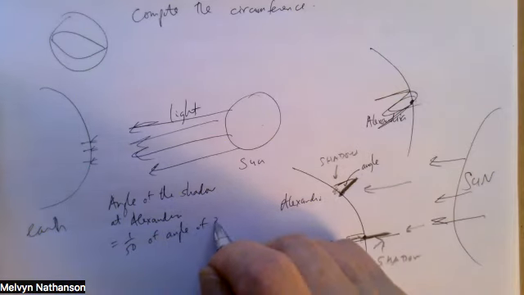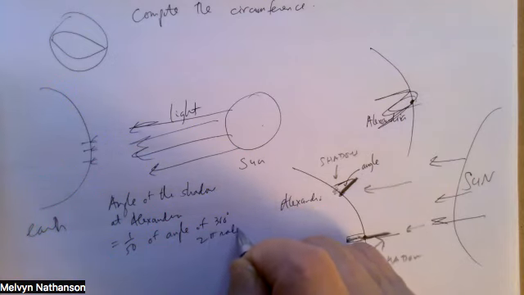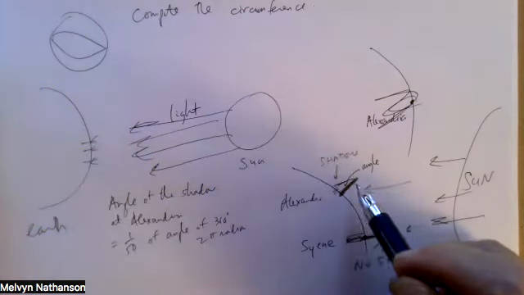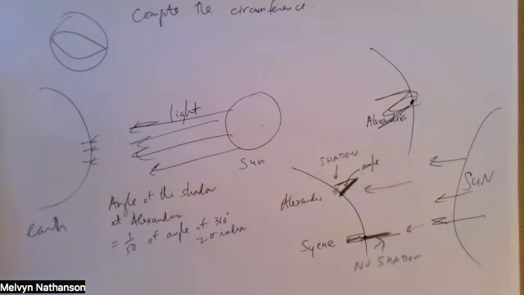Let's just say an angle of 360 degrees, or 2 pi radians. This angle was like 360 over 50 in degrees, or 2 pi over 50 in radians.